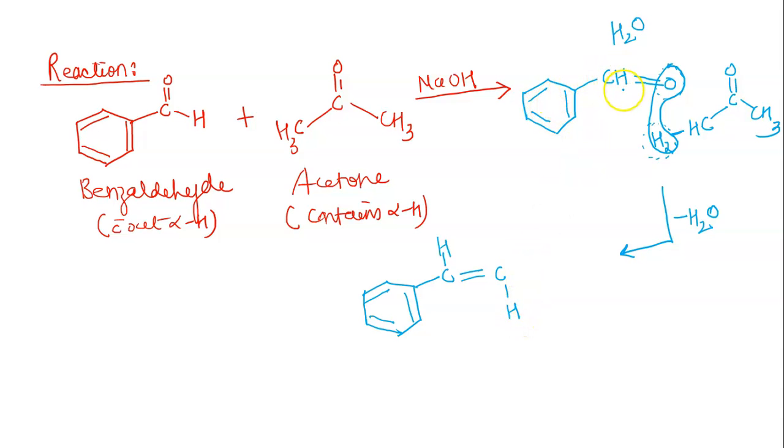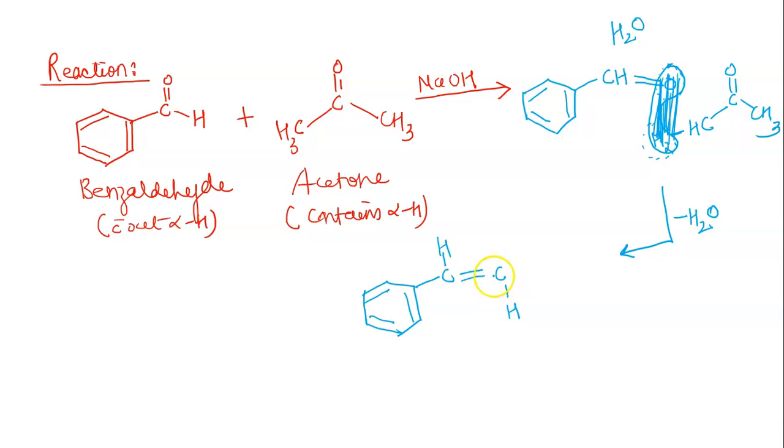So now what will happen, this CH will be connected to this CH with a double bond and the water in between will be removed. So I'll write the benzene ring CH, I'll put a double bond and then I start writing from here because this is removed. This will not be present in the final compound.